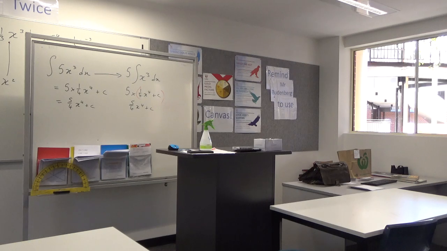Similarly here, if we were to integrate this, this would be equal to the integral of 3x squared dx plus the integral of 2x dx. And if we want to go further, we could put the constant out the front of each. Whether you want to put the constant out the front of each to make your life easier is probably up to you. But what would the integral of 3x squared be?